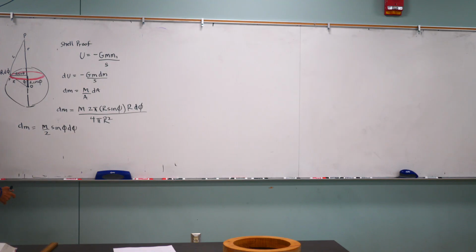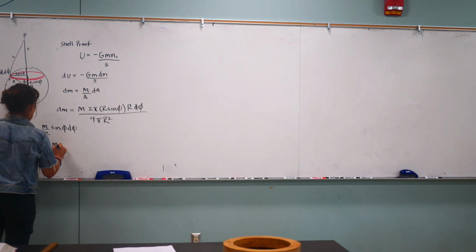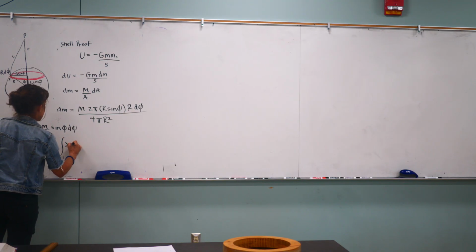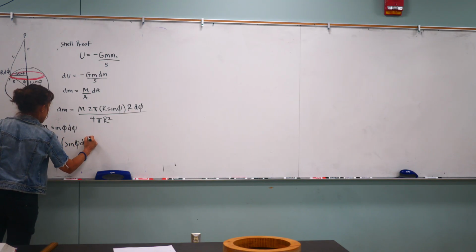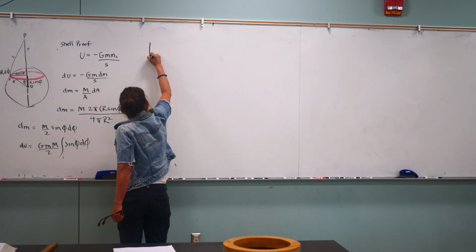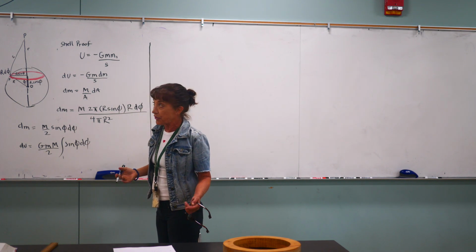Okay, so now we have dU equals G M m over 2 times the integral of sine phi d phi. All right. Next step is to do some geometry.